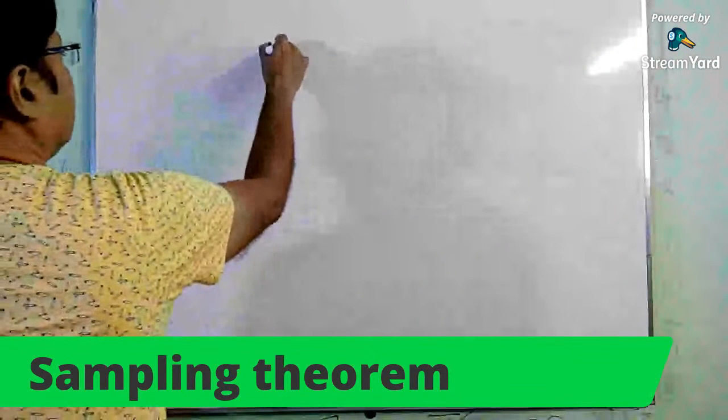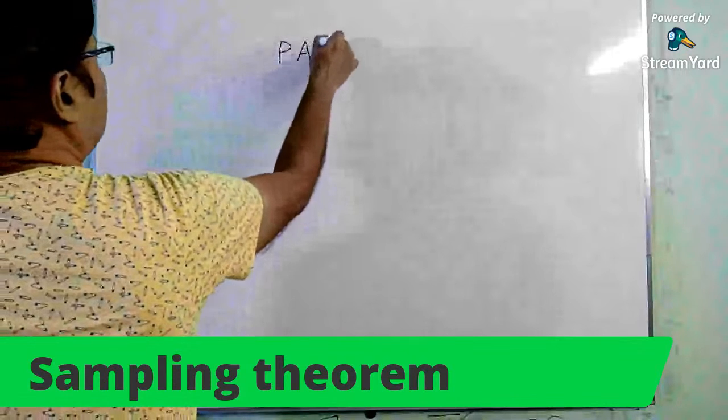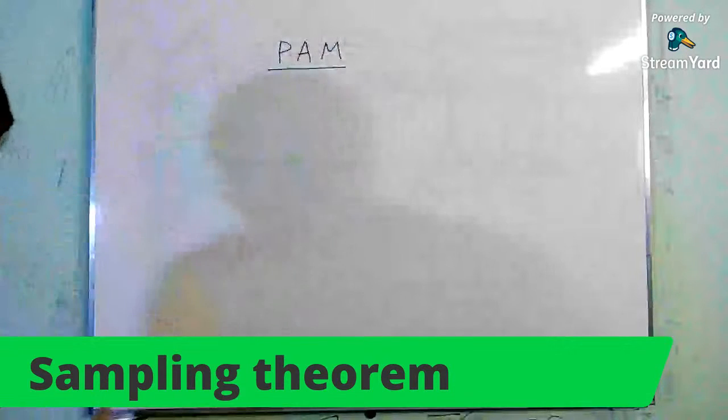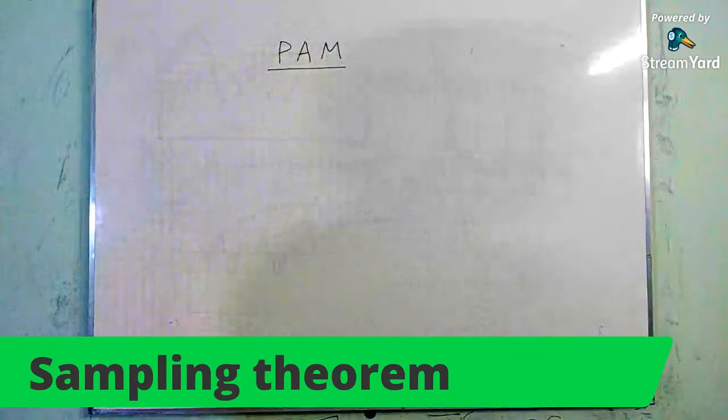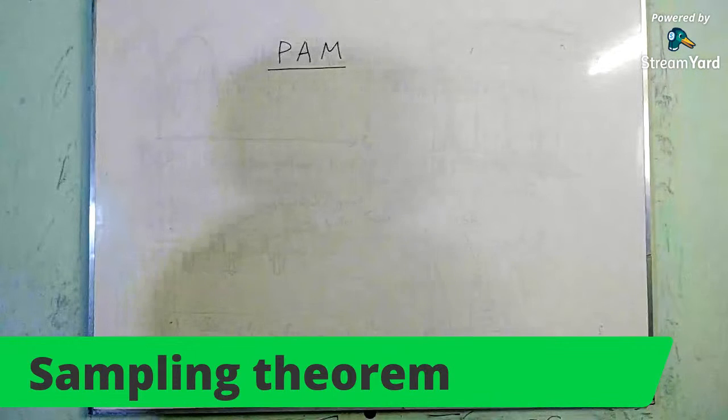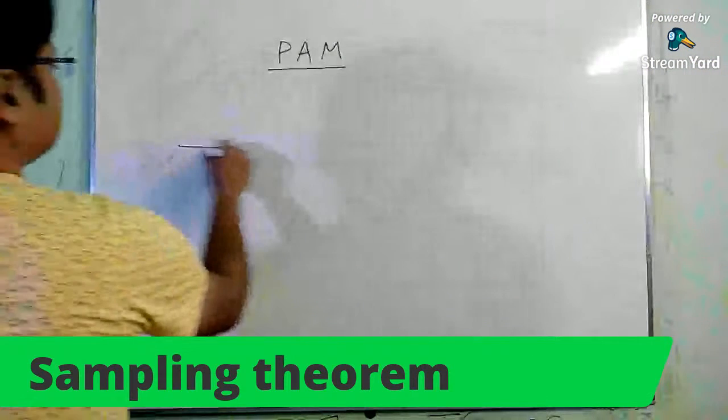So now the topic is pulse amplitude modulation. It is actually the simplest form of pulse modulation, and in this modulation the signal is sampled at regular intervals.